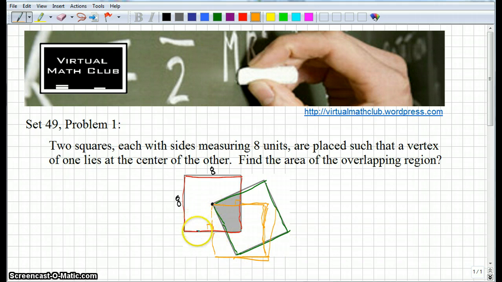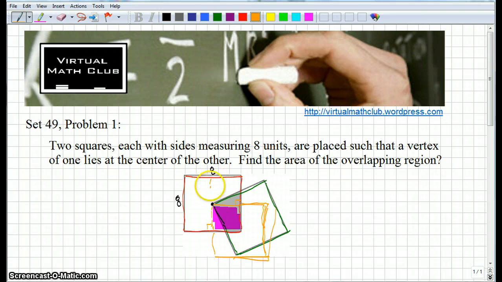So if we look at that case, it looks pretty obvious that the overlapping region, let's use a different color, pink, if I highlight the overlapping region here, it's pretty obvious that this is 1/4 of the square, right?